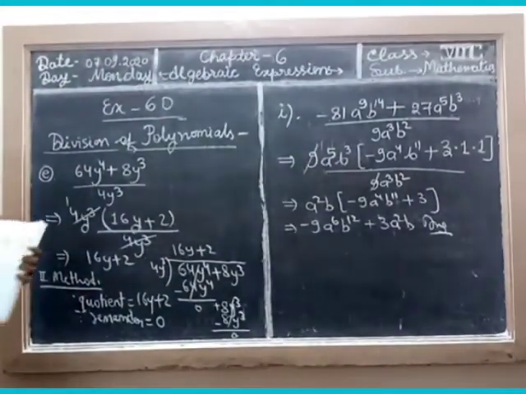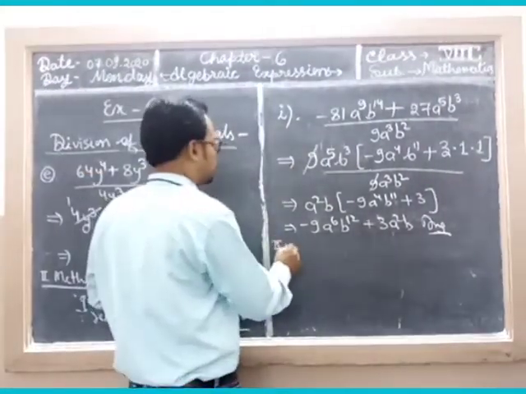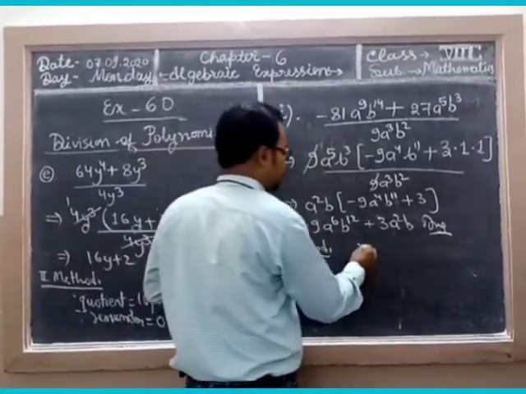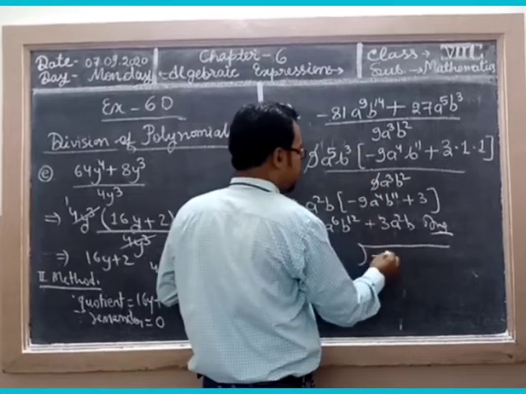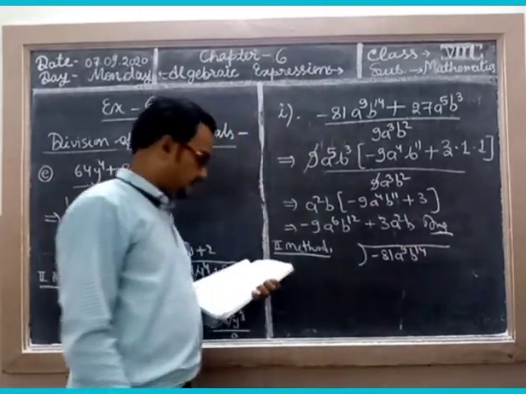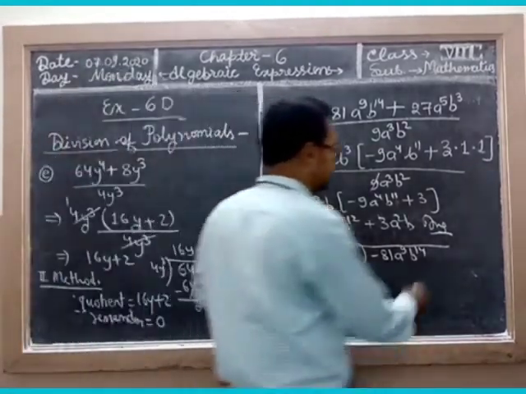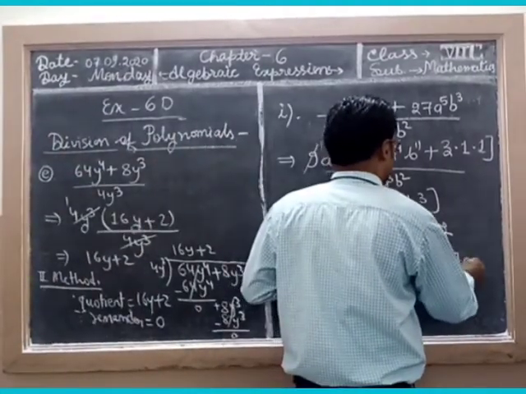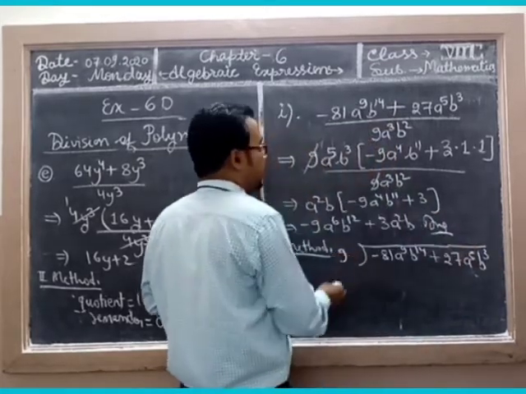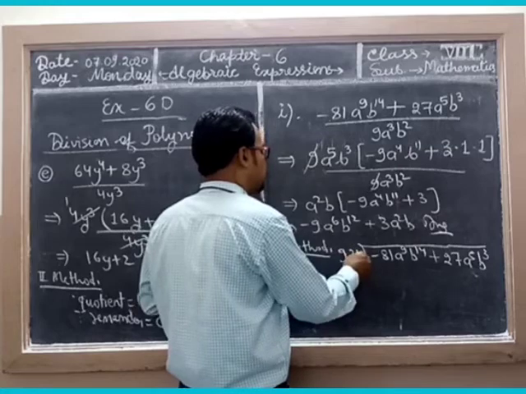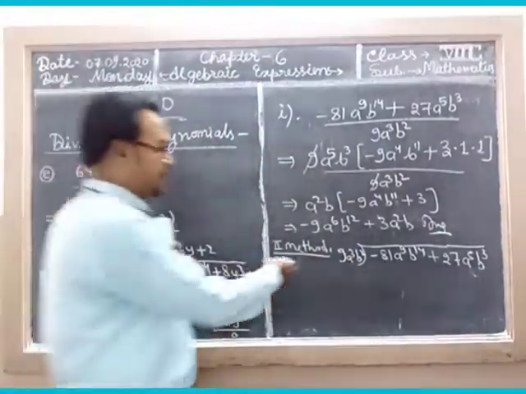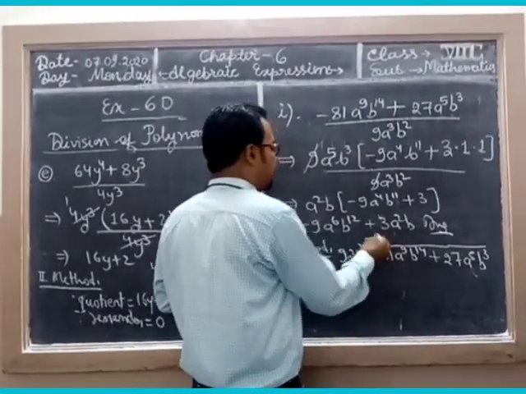Now student, by long division method. Minus 81 a9 b14 plus 27 a5 b2, it is divided by 9a2 b square. Clear? So on dividing minus 81 by 9, we multiply it by minus 9.